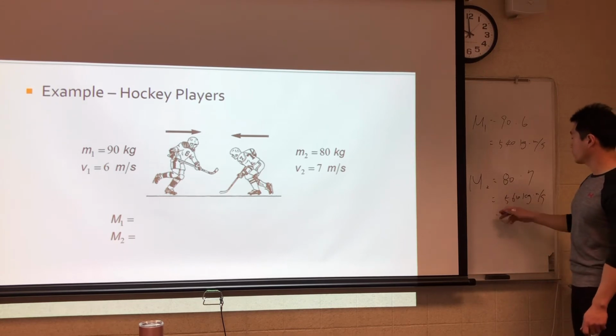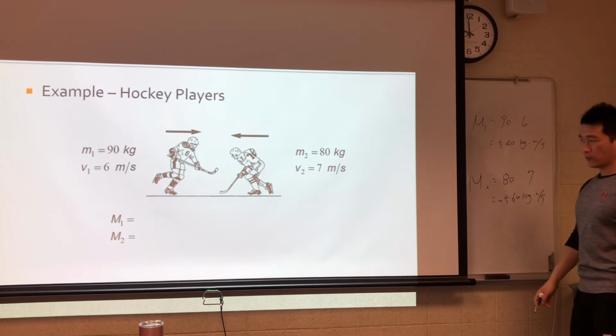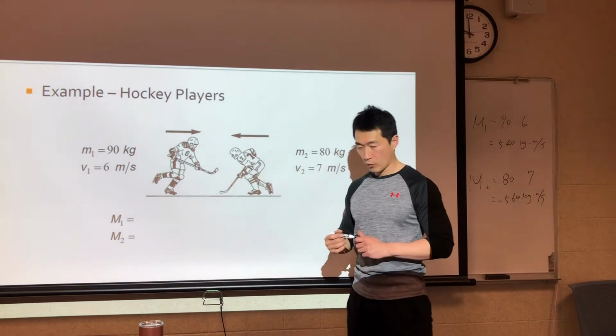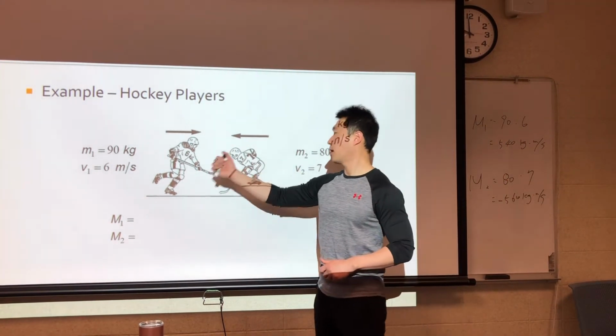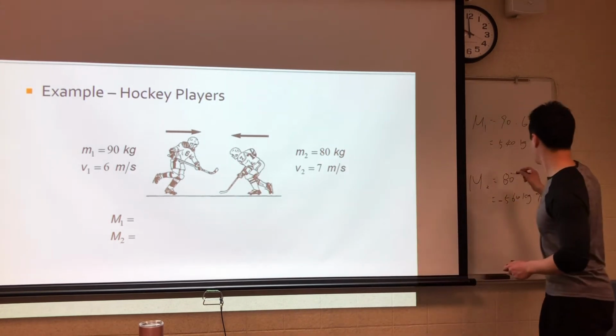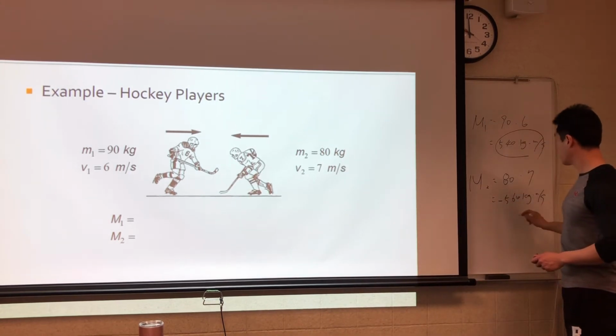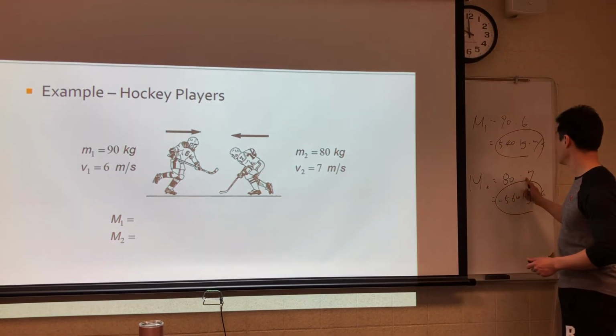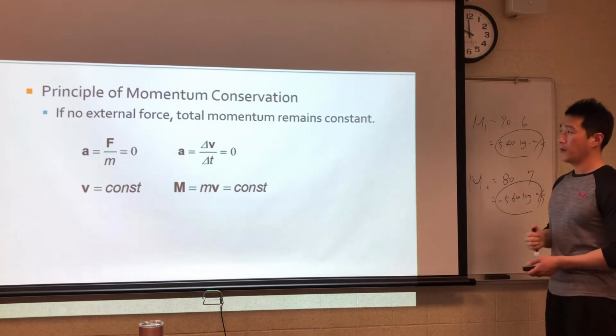But this one must be negative, because he is moving in the negative direction. We always designate one way as positive and the other way as negative. So here it is 450, and then negative 560. Mass times velocity.